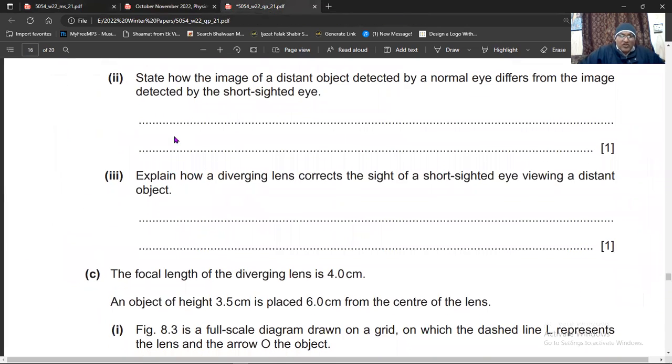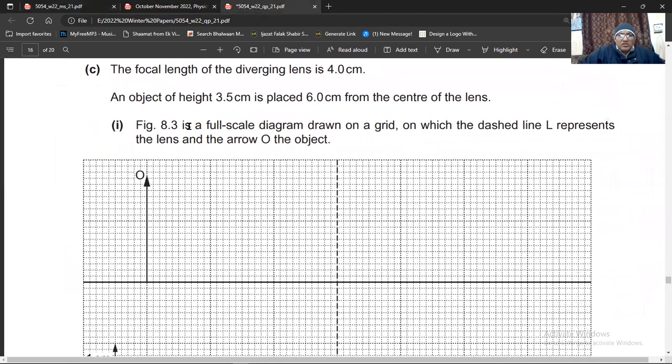Okay, so question number 8, part C. He says the focal length of the diverging lens is 4 centimeters. The object, of height 3.5 centimeters, is placed 6 centimeters from the center of the lens. Figure 8.3 is a full-scale diagram drawn on a grid on which the dashed line L represents the lens and the arrow O the object.